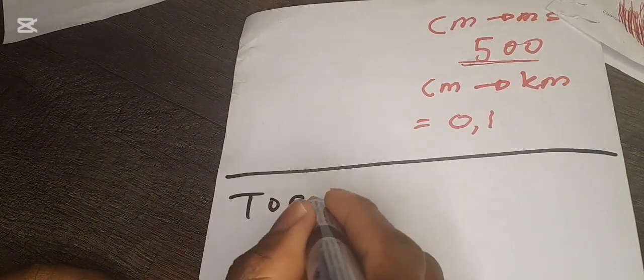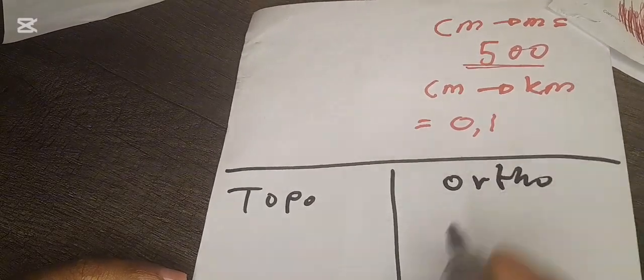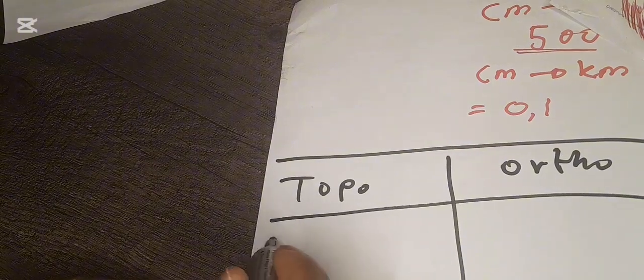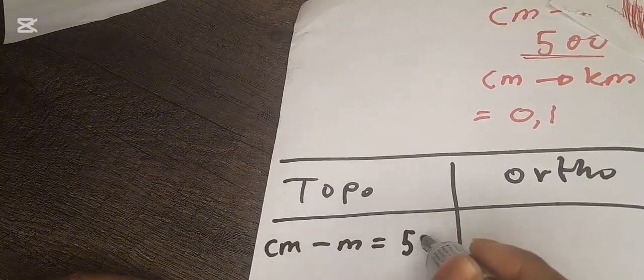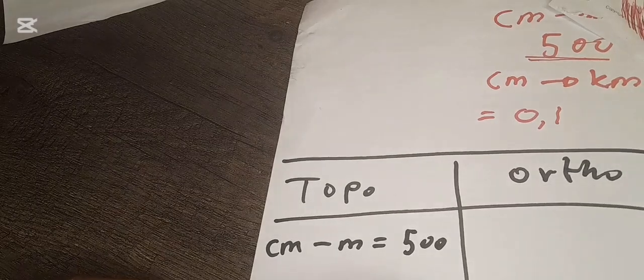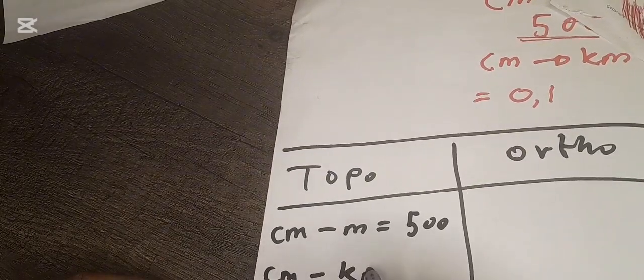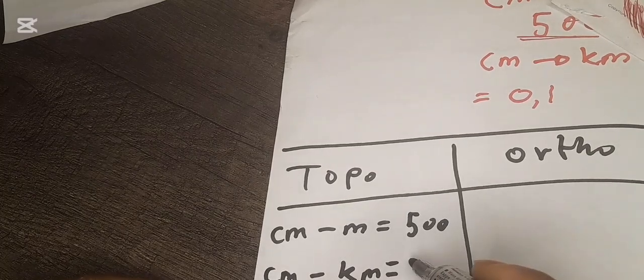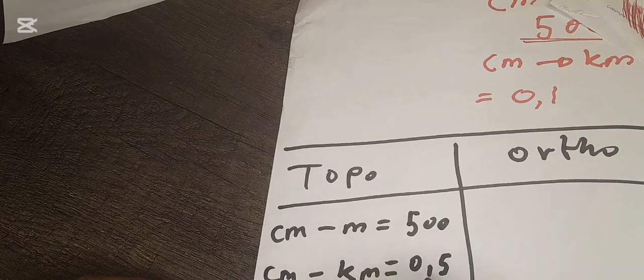I'm supposed to say on a topographical map, and then on an orthophoto map. So on a topographical map, a centimeter to a meter is 500. You multiply by 500. And then a centimeter to a kilometer is 0.5. You multiply by 0.5, then it will give you your answer in kilometers.